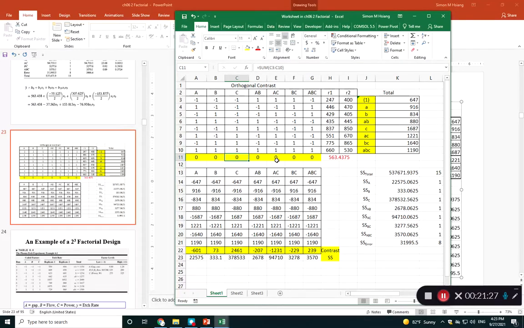That's called orthogonal contrast. If your sum is not equal to 0, or your sum of the products, like ABC, is not equal to 0, they are not orthogonal, right? Why? This is from vector analysis, right? Two vectors are perpendicular if A dot B equals 0, okay?